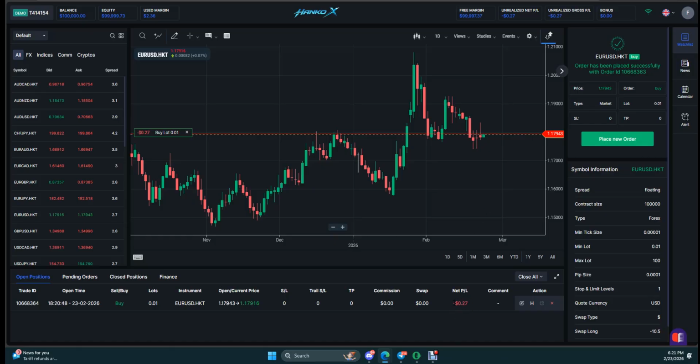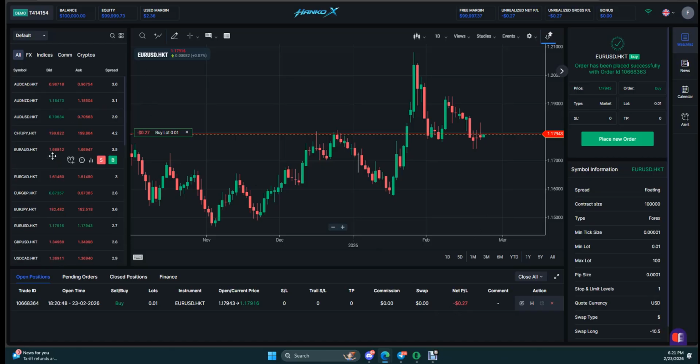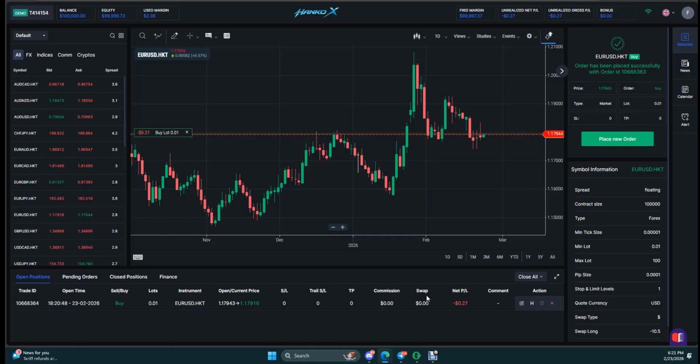All right, so we're in the market right now. We're in the hole because of the spread. You find the spread right over here on the euro. The spread is 2.7. So that means we bought in with 0.01 lots. That 2.7 is what we're in the hole, because we're only doing 1 cent lots.